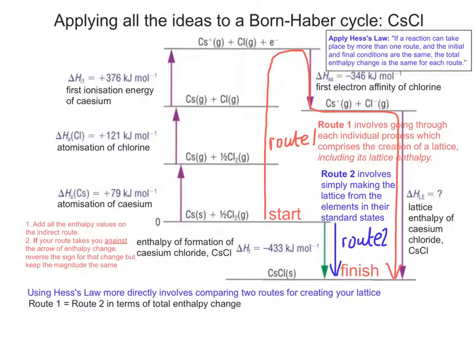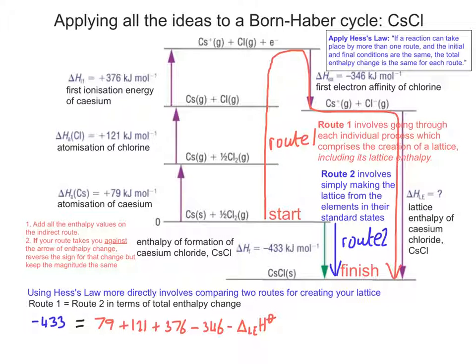Now the important thing to remember is that route 1 equals route 2 in terms of total enthalpy change. So therefore this applies Hess's law up in the top right hand corner. We're assuming that we're using standard enthalpy changes in each case, so therefore the initial and final conditions are the same according to the quotation of Hess's law in the top right hand corner box. So that gives us this particular expression.